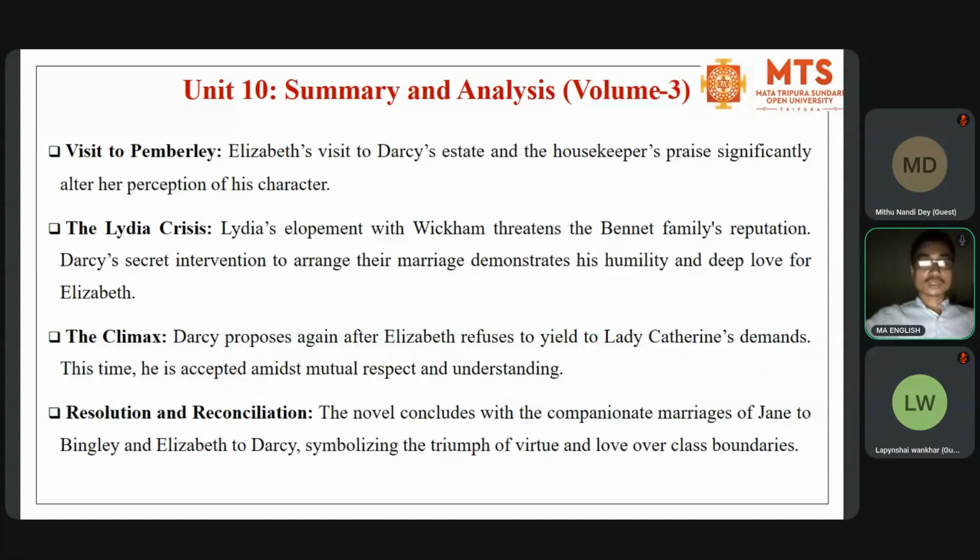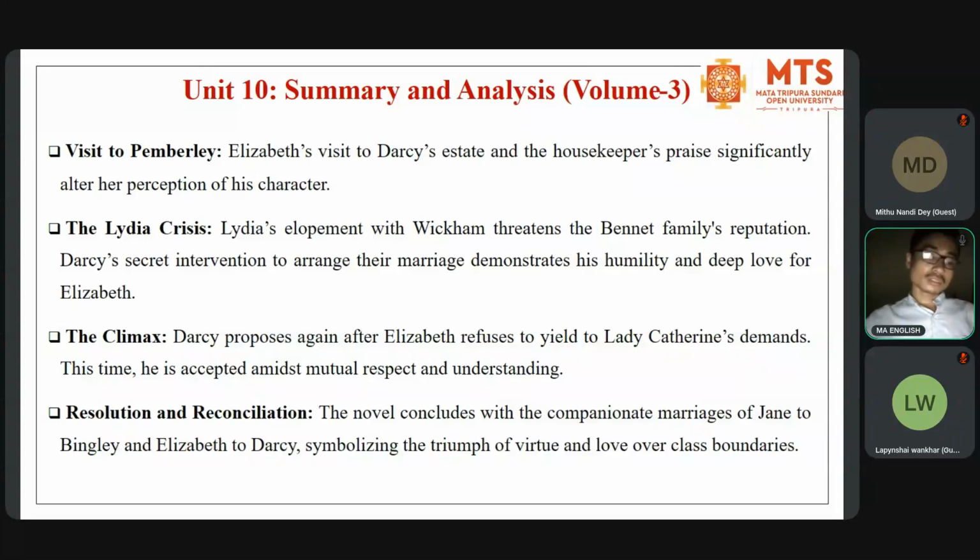When these things were resolved, at the end, Mr. Darcy finally, in a more humble and formal manner, proposes to Elizabeth again, and they get engaged. Elizabeth and Mr. Darcy ultimately get engaged at the end of the novel.